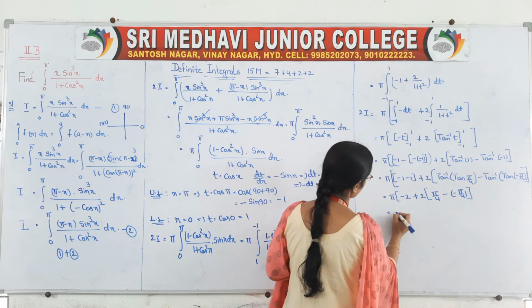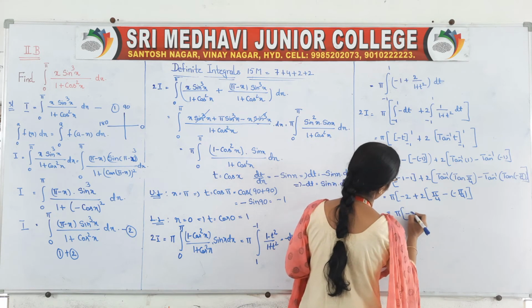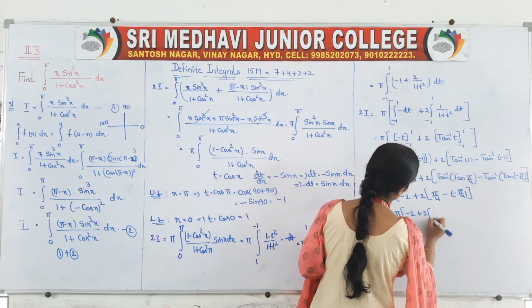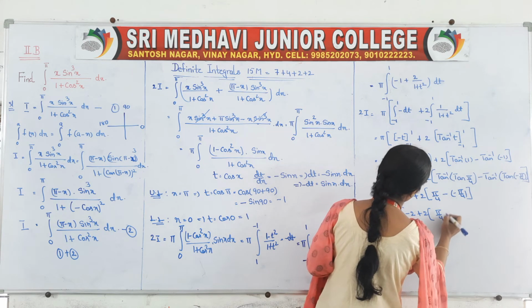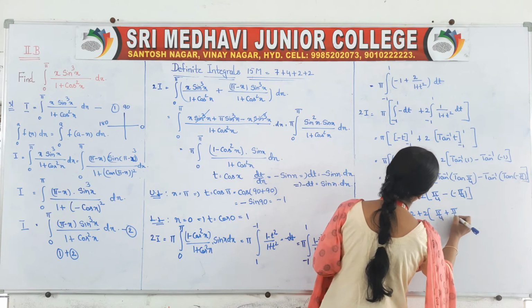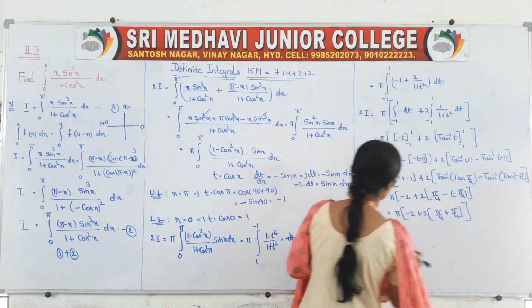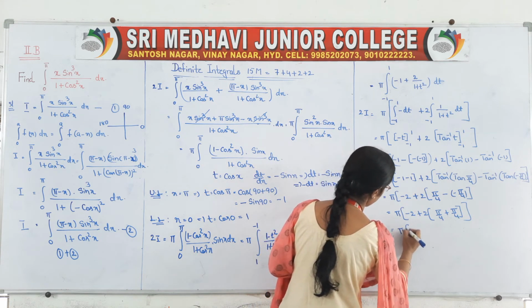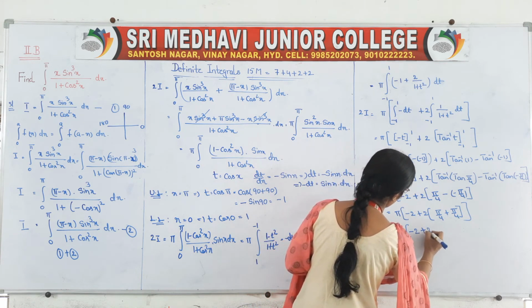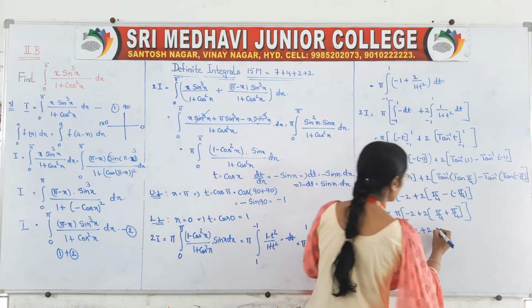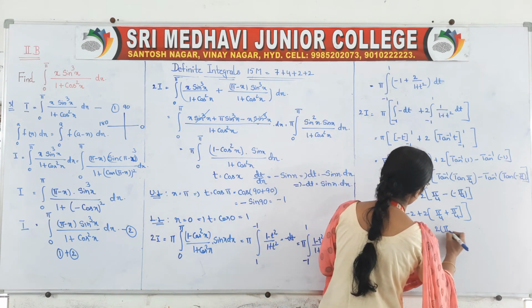So it is equal to pi into minus 2 plus 2 into pi by 4 minus of minus pi by 4. So it is equal to pi into minus 2 plus 2 into 2 times pi by 4.